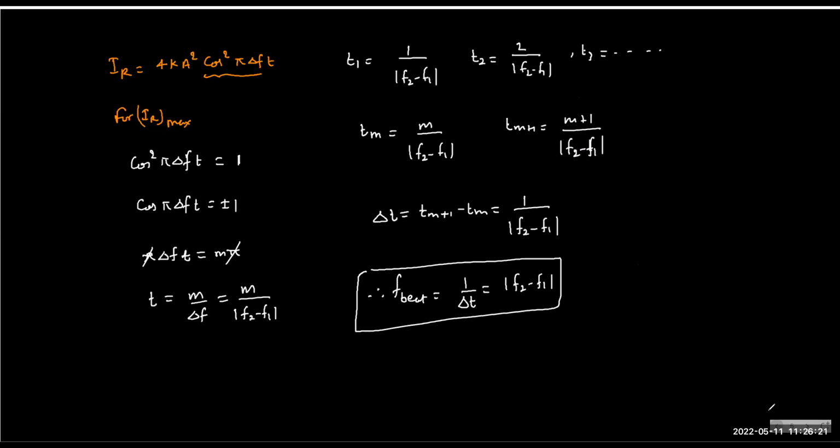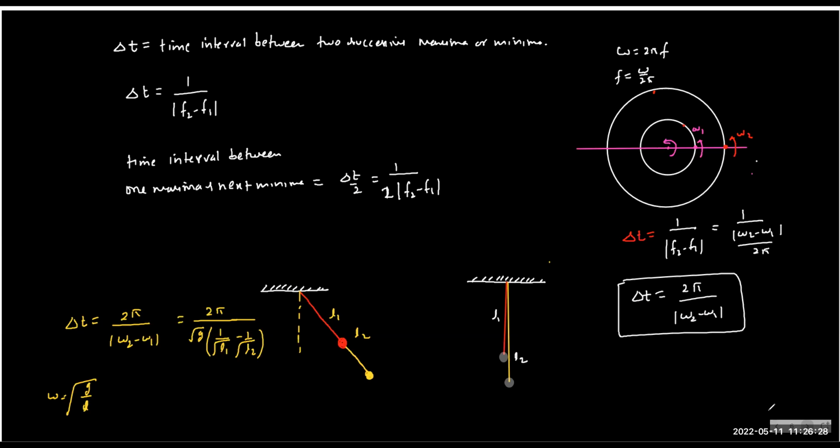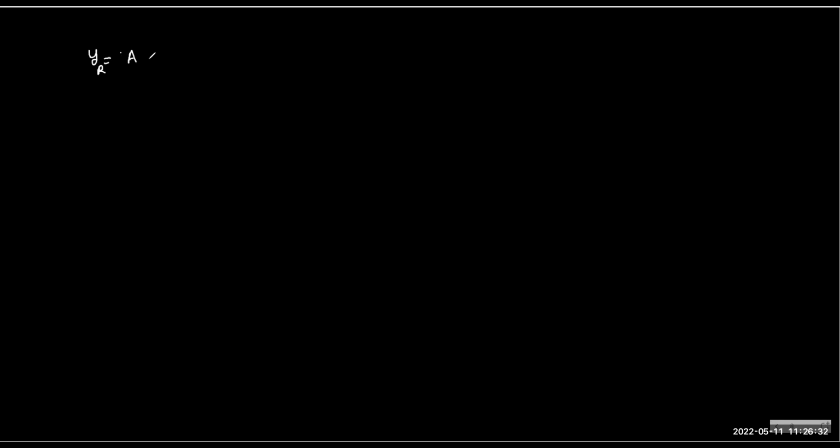So yr turns out to be 2a cos phi into sine, or if you want to write it in full, you can.